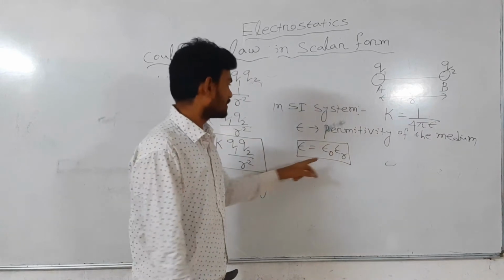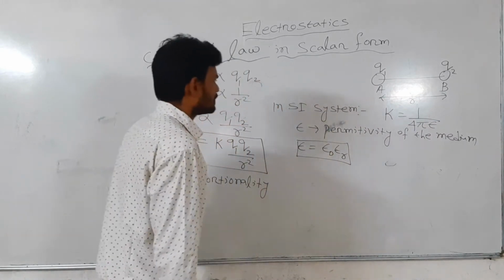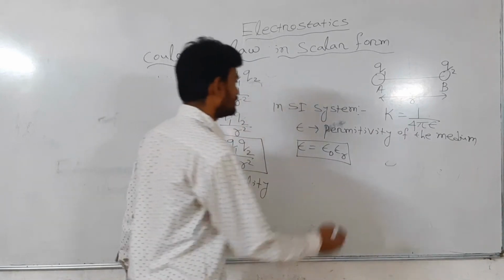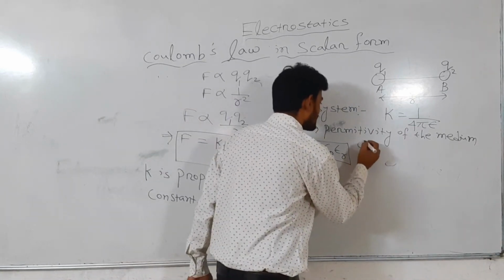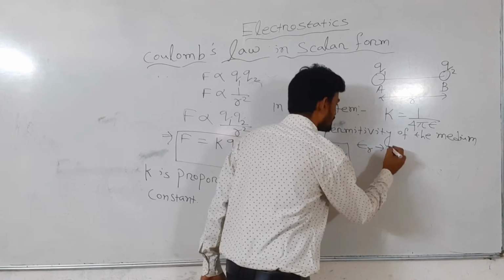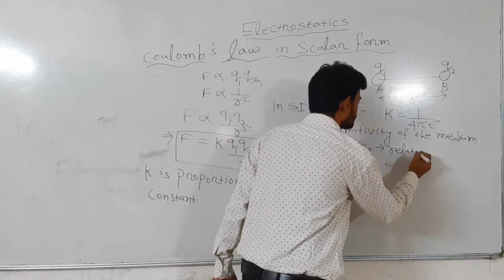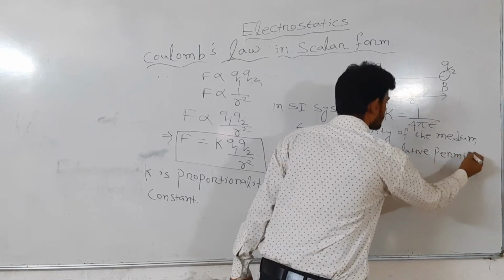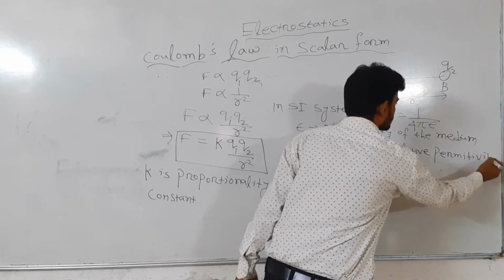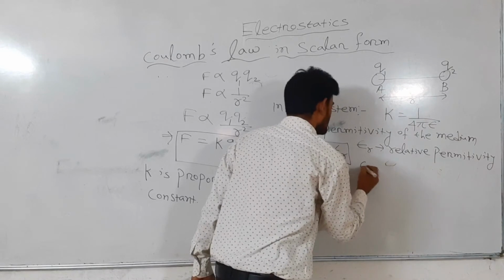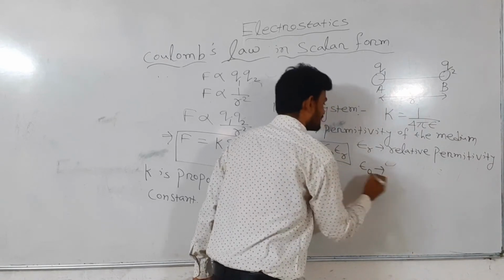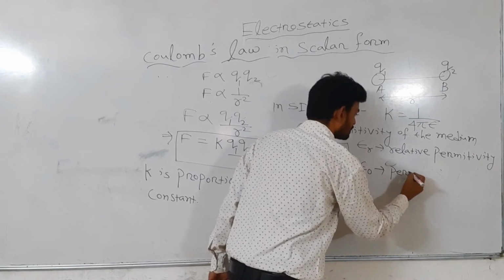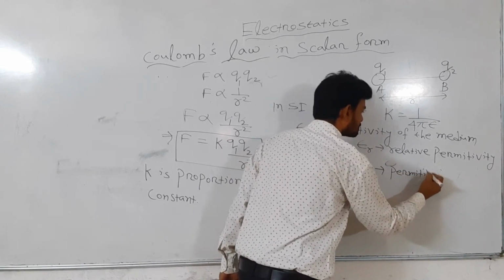But the value of epsilon r is the relative permittivity. And epsilon 0 or epsilon naught is the permittivity in free space.